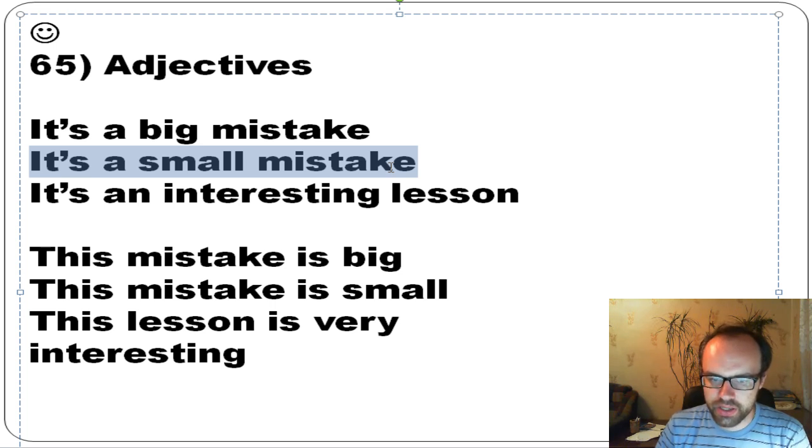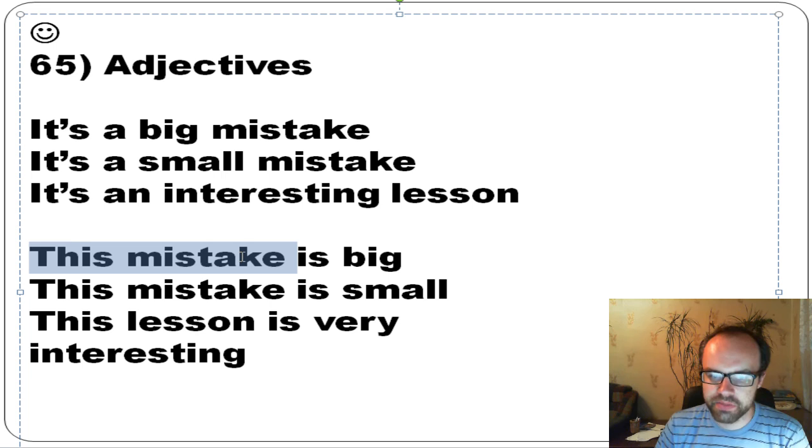Or you can say, this mistake is big. This mistake is small. So you don't have a verb in these sentences and you use the form of to be. This mistake means it, we say it is, so we say this mistake is big. This mistake is small. This lesson is very interesting. So this lesson means it is, so we say this lesson is very interesting.